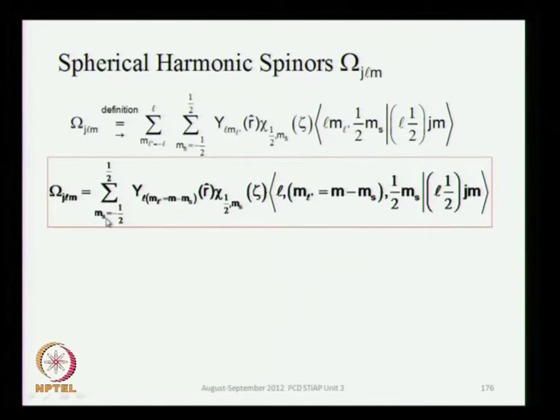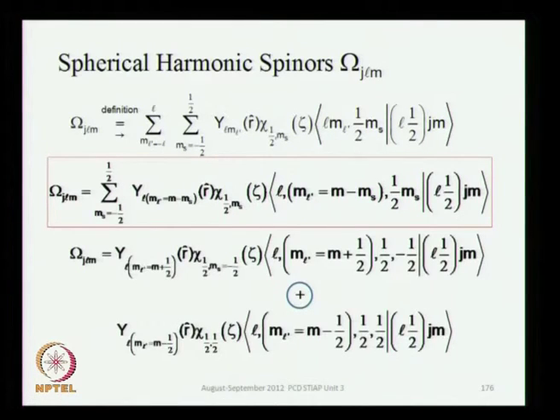And now you have a very simple sum, because this is a sum over ms going from minus half to plus half, which means that you must sum over both of these spin eigenstates, which are respectively 1 0 and 0 1, okay.